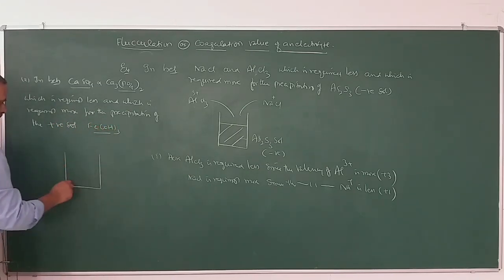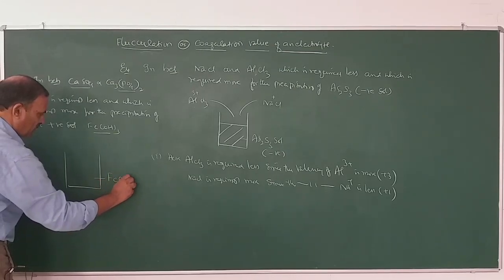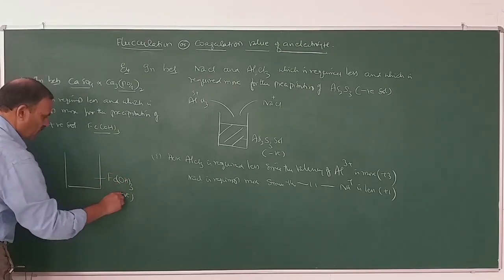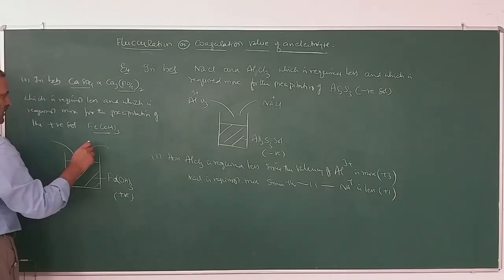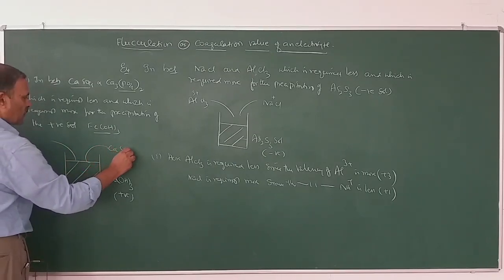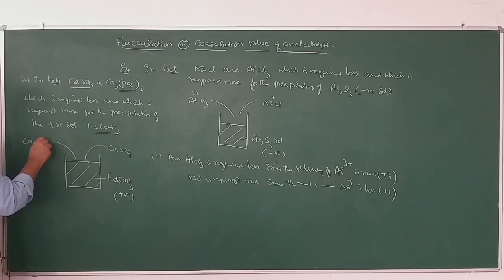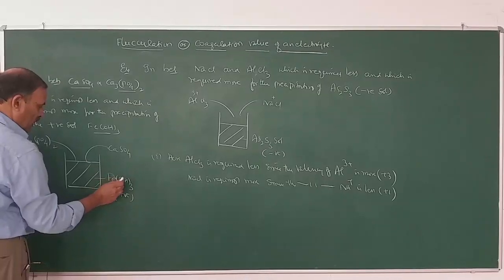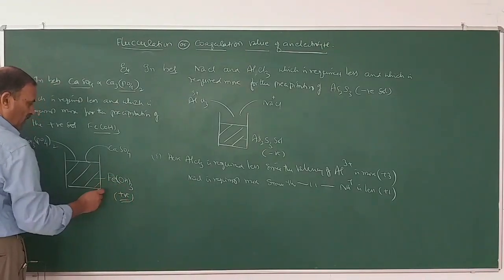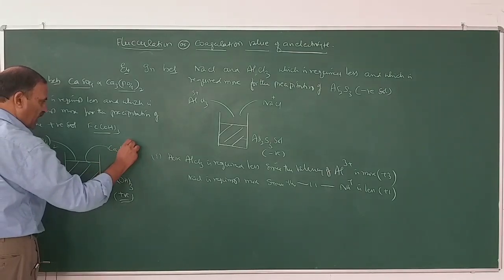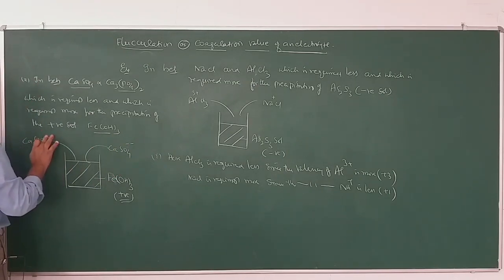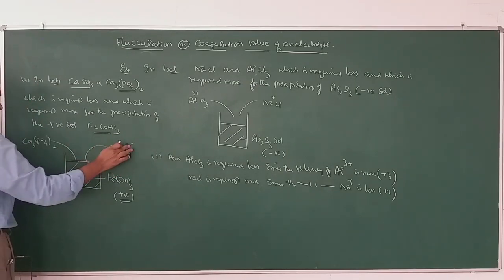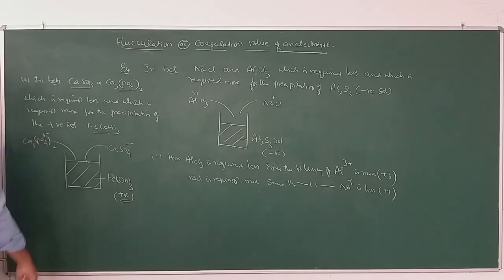Here, which is the salt? Fe(OH)3 is a positive salt. For the precipitation of this salt, we have two electrolytes, namely CaSO4 and Ca3(PO4)2. I am precipitating a positive salt, so I have to concentrate on the valency of the negative ions. Here the valency of the sulfate ion is -2. Here the valency of the phosphate ion is -3.